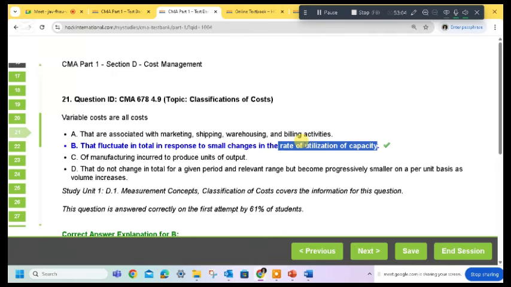So a change in rate of utilization means volume changes. That's what they say indirectly. This means number of units. So what is variable cost? If the total cost changes when the number of units changes, that is variable cost.